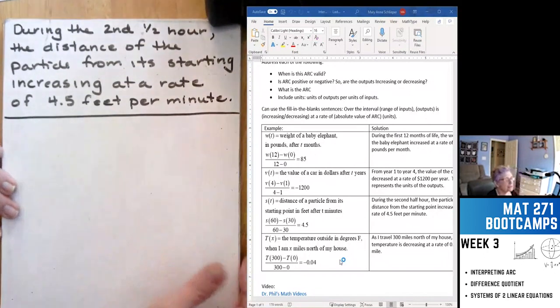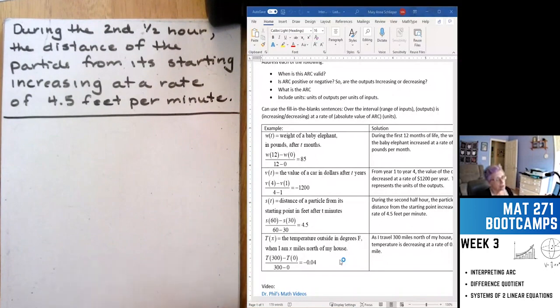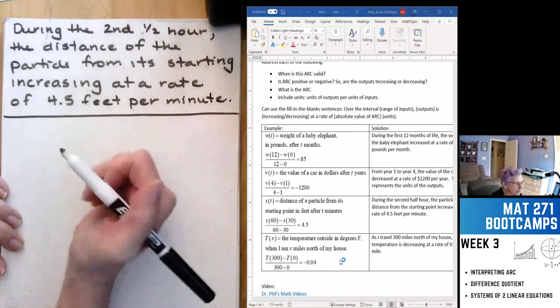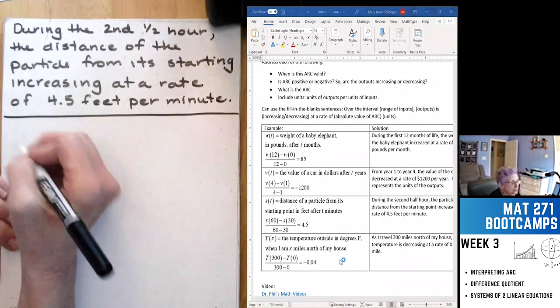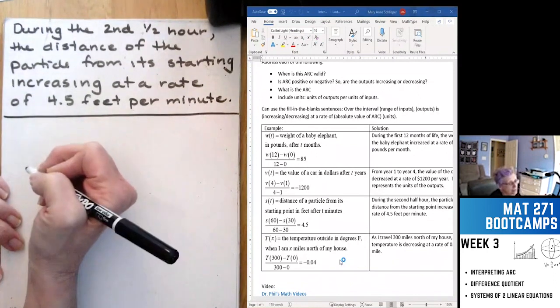And then this last one, I was really trying to come up with something different. So I thought about the fact that as I drive to visit my daughter, the temperature starts to decrease. So capital T of X is the temperature outside in degrees Fahrenheit when I am X miles north of my house. So T of 300 minus T of 0.